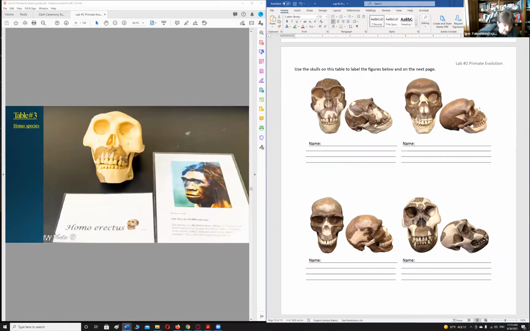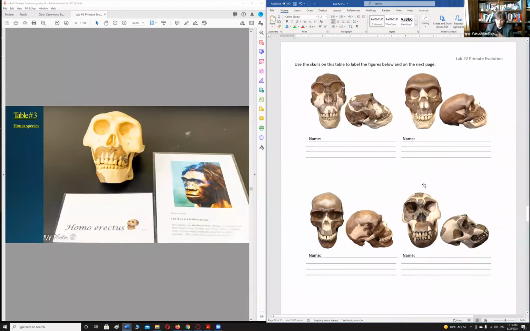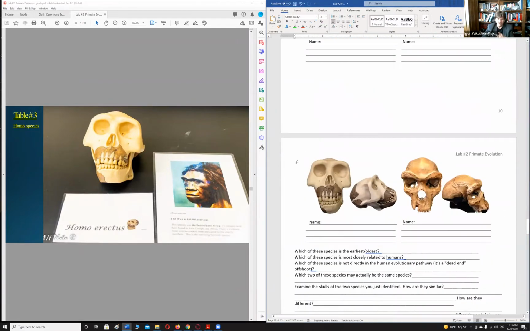Now, Homo erectus. This guy right here still has a fairly large brow ridge, a relatively strong lower jaw, and the Homo erectus probably will be on the next page. Yeah, this is the Homo erectus right there. Quite often, Homo erectus is combined together with the Homo robustus. They're saying that the erectus started to conquer fire, start hunting, change the diet, start eating more meat than plant food, start cooking.